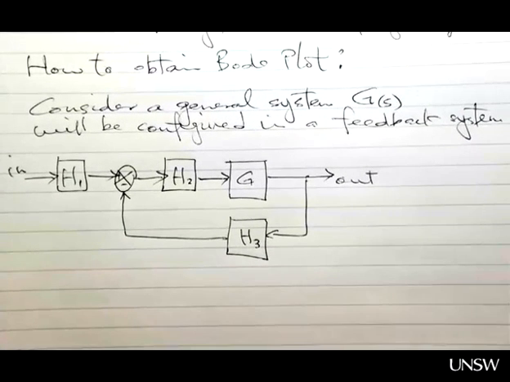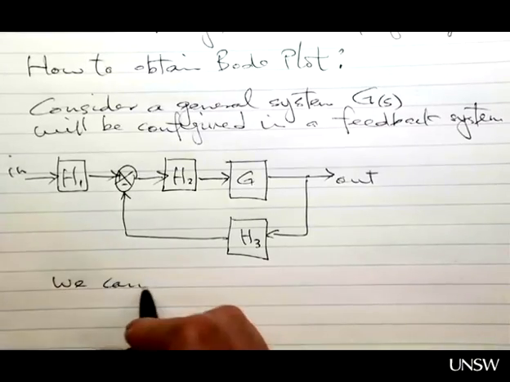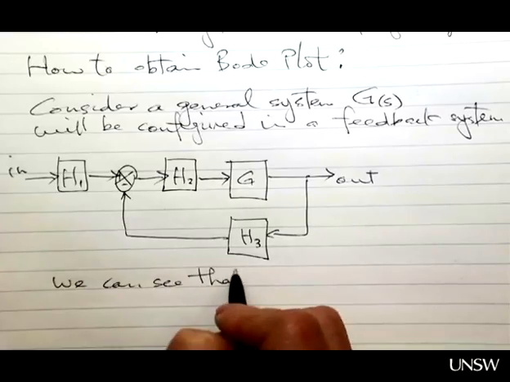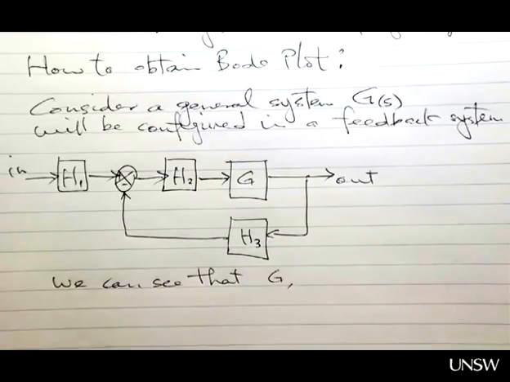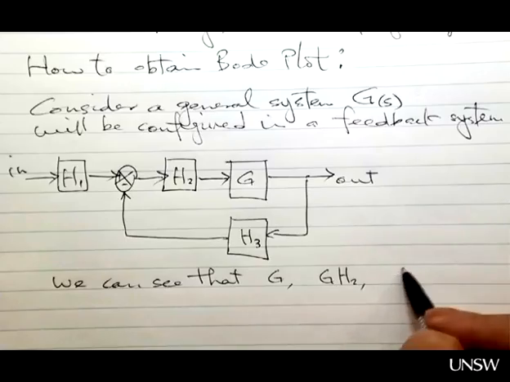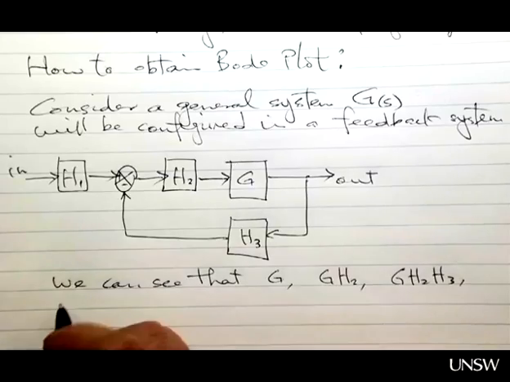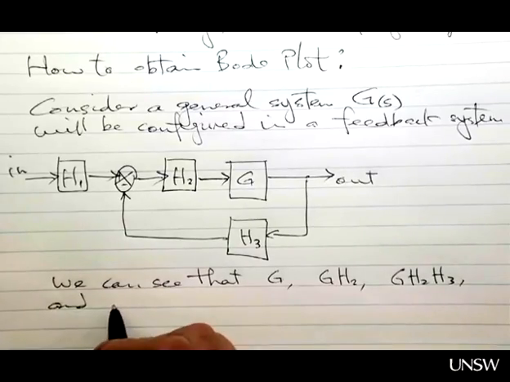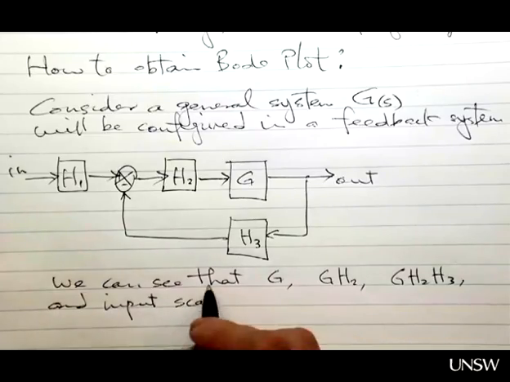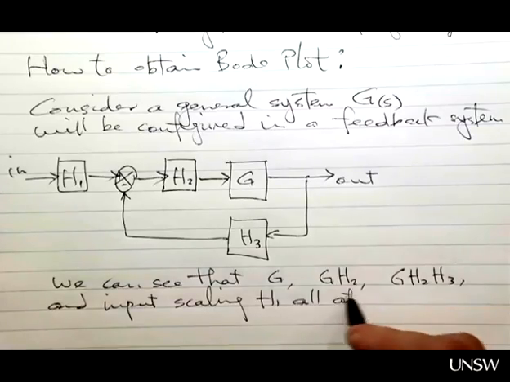So we can see that G itself, GH2 multiplied together, then GH2H3 as the feedback combination, and the input scaling H1, all affect the output.